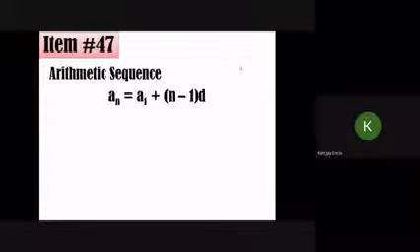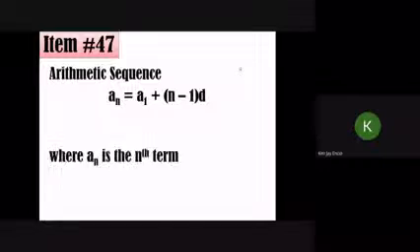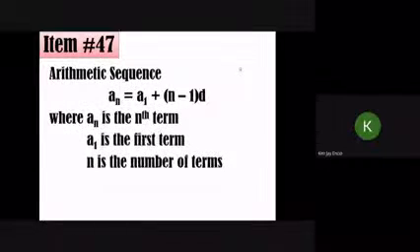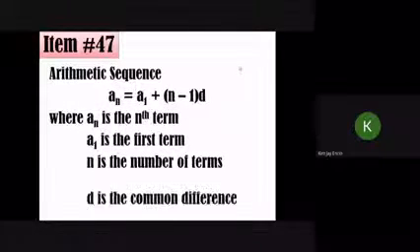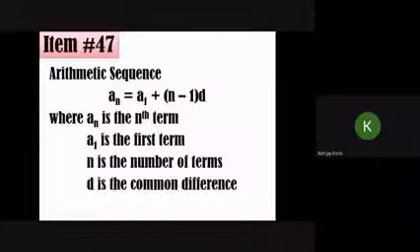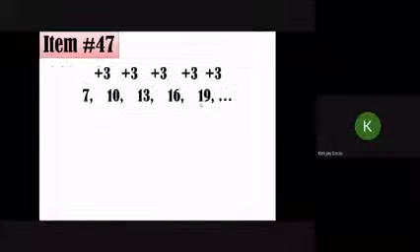And to determine the nth term of an arithmetic sequence, you have a sub n equals a sub 1 plus n minus 1 times d as our formula. I will no longer derive this. Where a sub n is the nth term, a sub 1 is the first term, n is the number of terms, and d is your common difference. So going back here, you are just simply adding 3 all throughout.